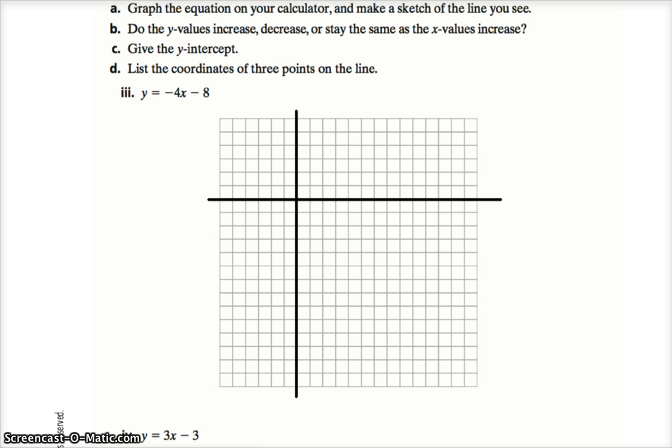Okay, so again, this equation, y equals -4x, and then this constant, the one at the end, this -8. That's my starting point. So 1, 2, 3, 4, 5, 6, 7, 8. That's where I started. That's why I drew this line a little bit higher. It's because I knew I had to start at a fairly low spot. That's my y-intercept.